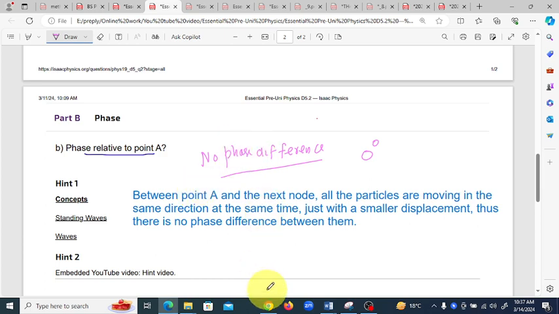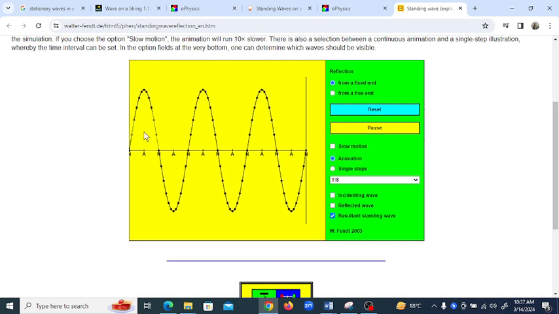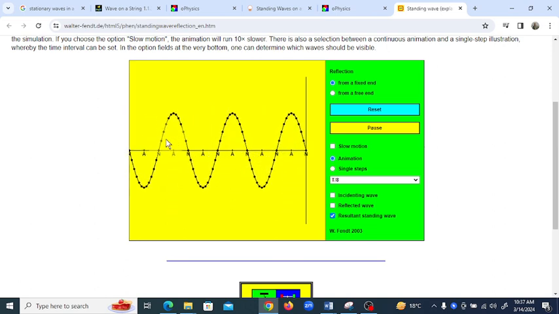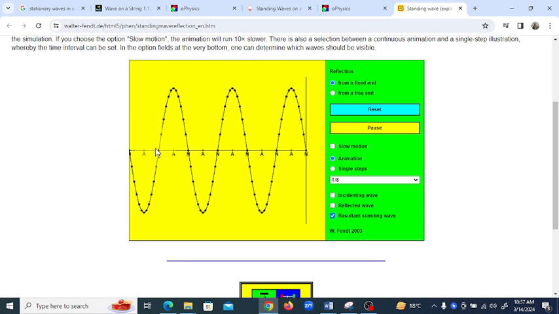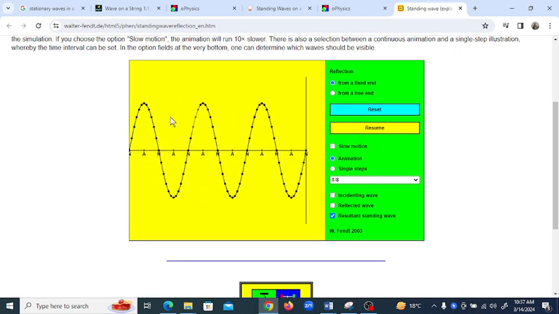I can also explain this from the simulation. You can see that these particles are going up and down in the stationary wave. All the particles from the top position to the next coming node are moving downward, so they have the same phase.